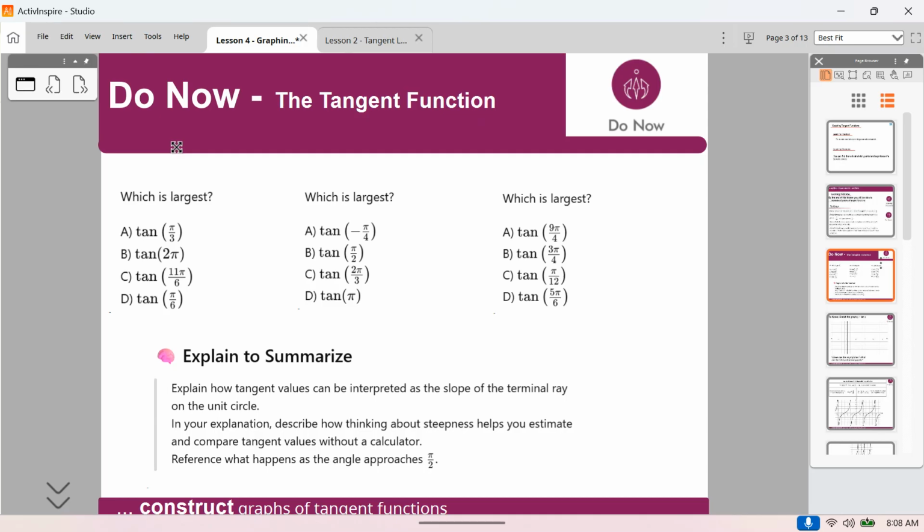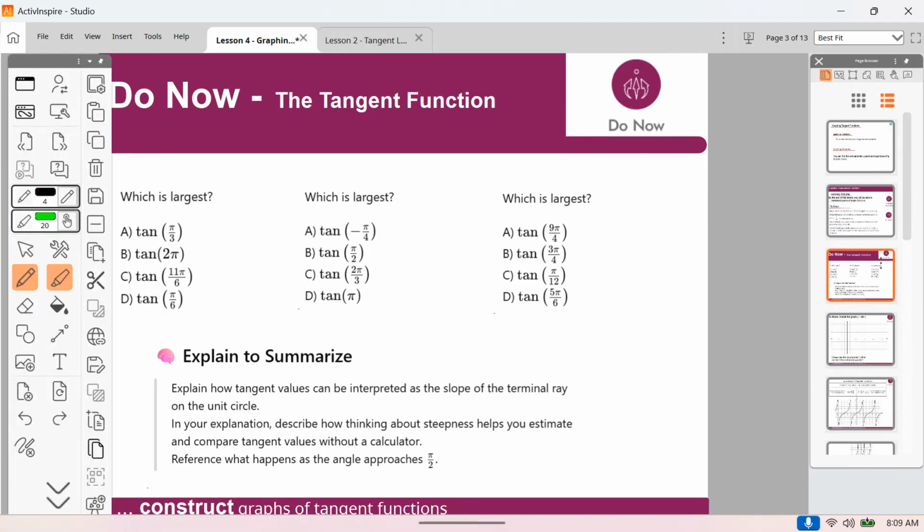All right, so what we need to do for this one is determine which one is largest. To help us with that, if we know the values, we can calculate what the values are, but you can go a little quicker at it.